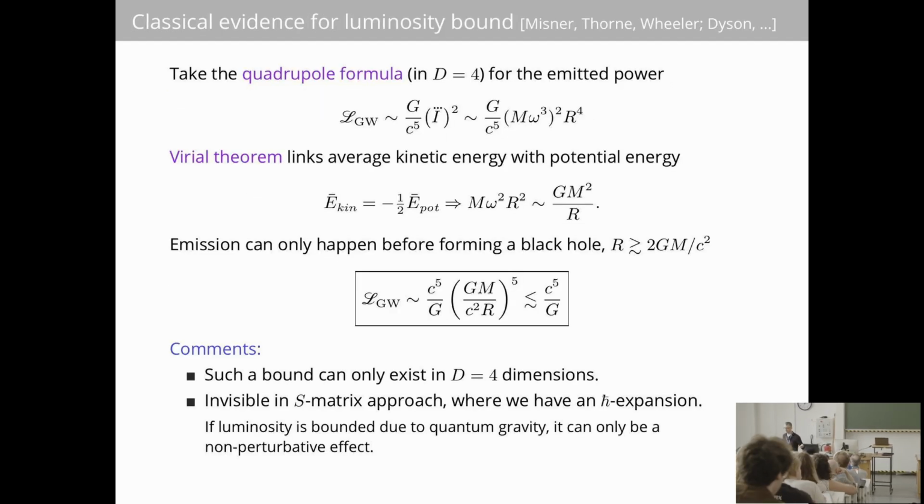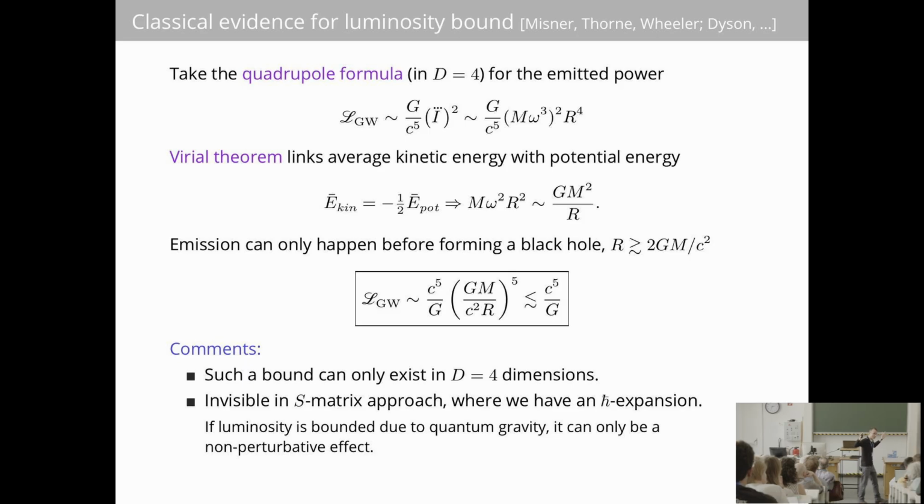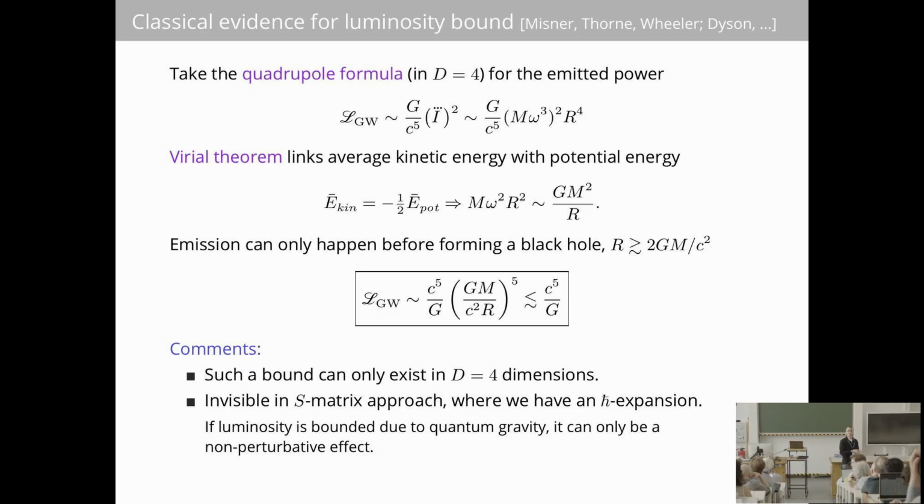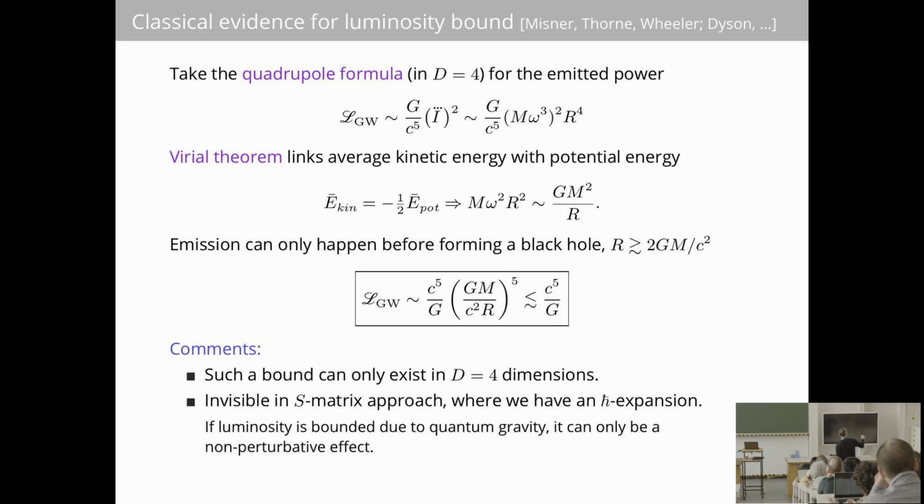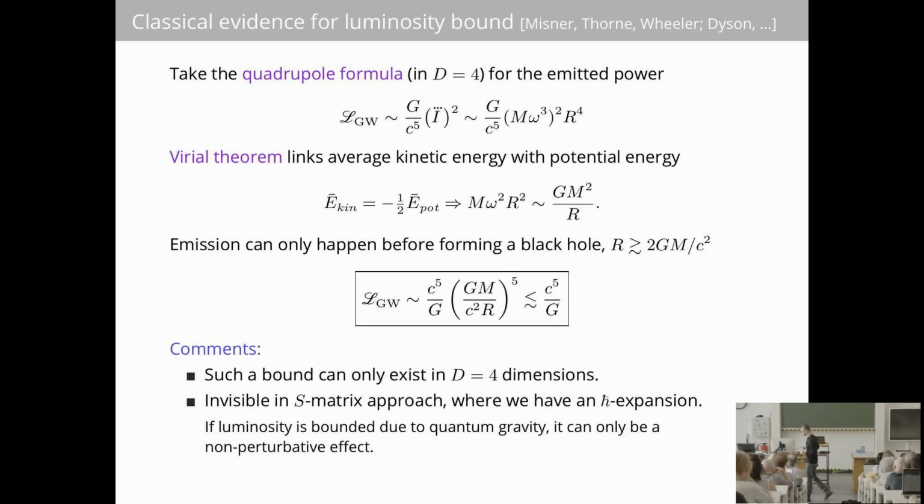If we consider, in fact, 2 coalescing black holes that can radiate gravitational radiation, the emitted power will go through some profile, and at some point there will be a peak luminosity, so a maximum brightest power emitted. And this peak luminosity, whatever it is as a function of physical observables, we can always write in terms of this Planck luminosity times some scale-independent functions.